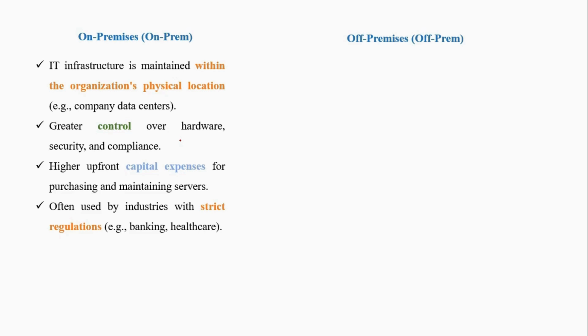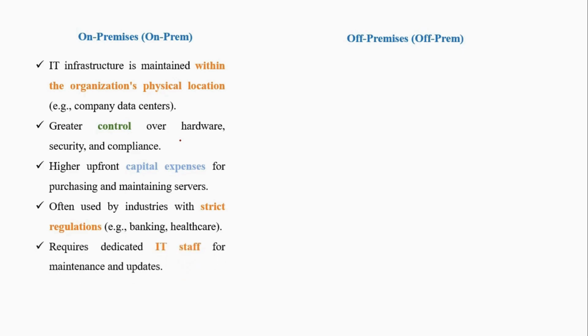These organizations usually have strict regulations when it comes to their data. So the data is appropriately secured and it's not for public use. It's not common for the public to view the data.